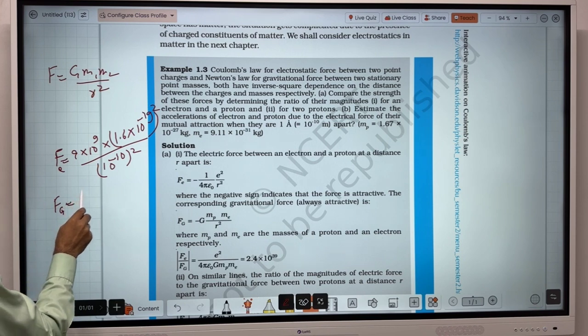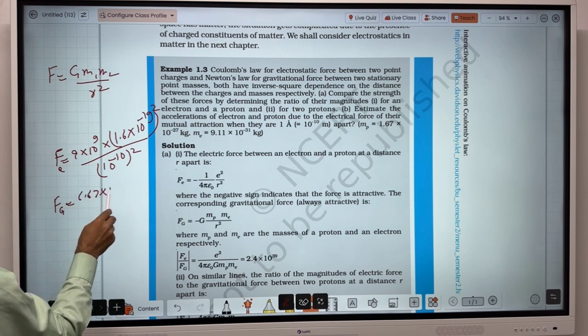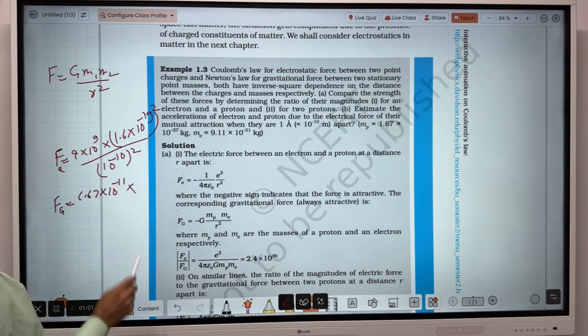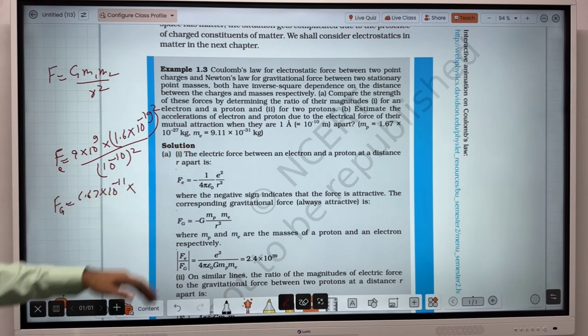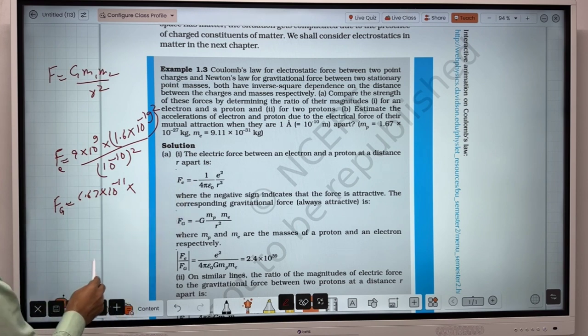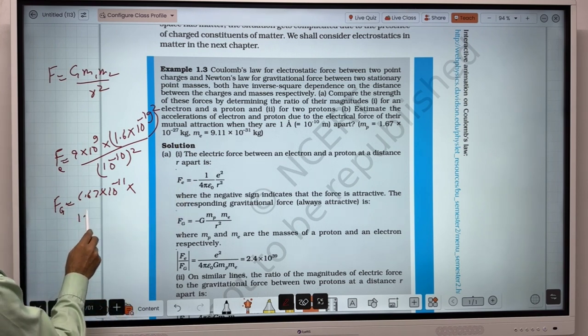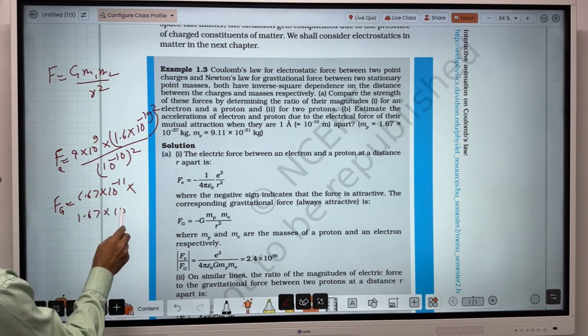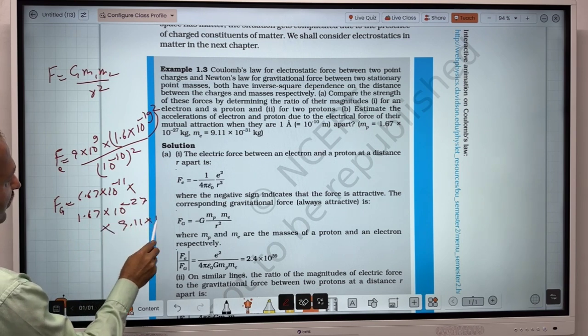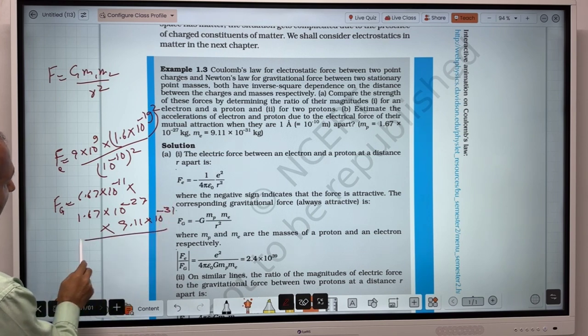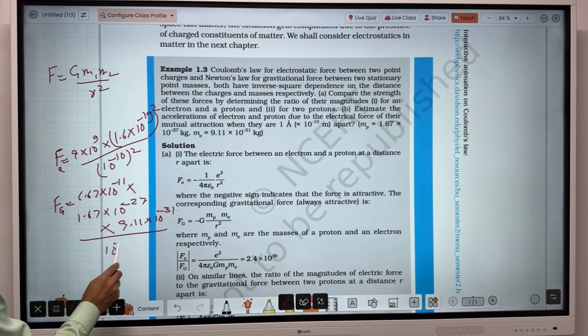So you can put the values 6.67 into 10 to the power minus 11 into the masses. Mass of proton and mass of electron are given. So it is 1.67 into 10 to the power minus 27 multiplied by 9.11 into 10 to the power minus 31 divided by the separation, which is the same, 10 power minus 10 whole square.